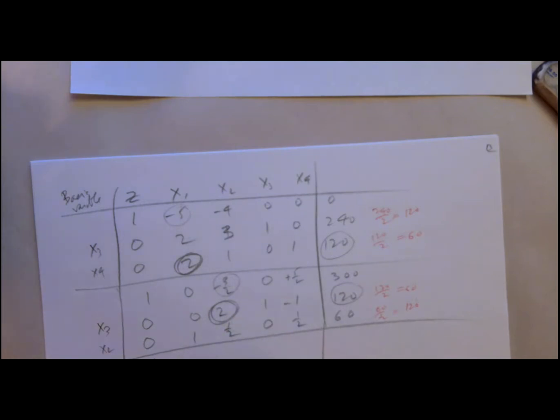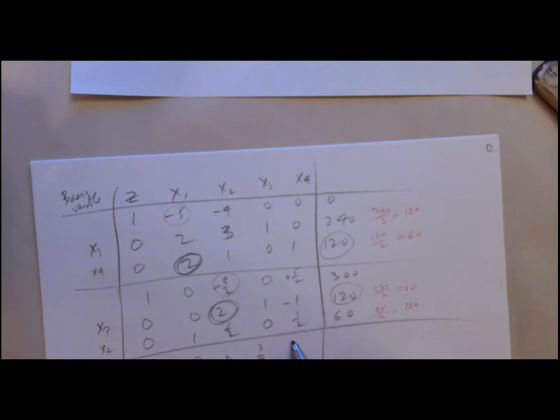I get 1, 0, 0, 3/4, minus 3/4 plus 5 halves.